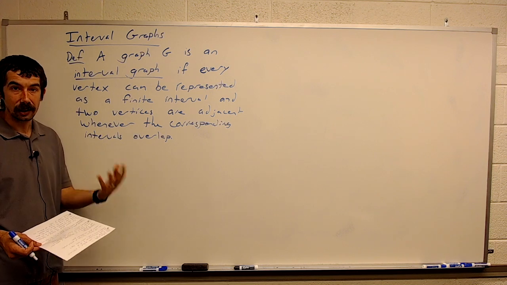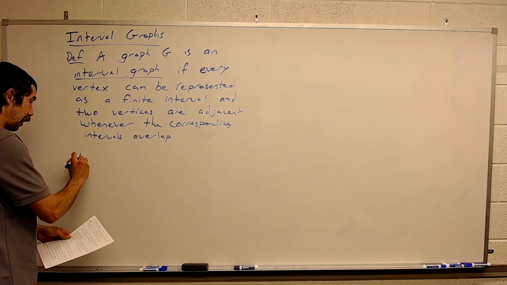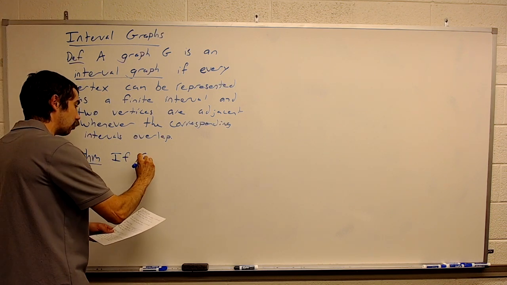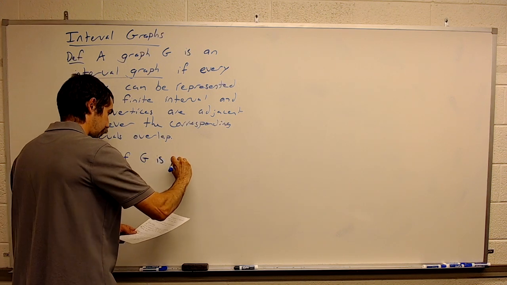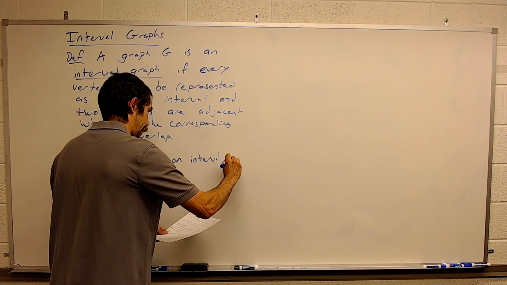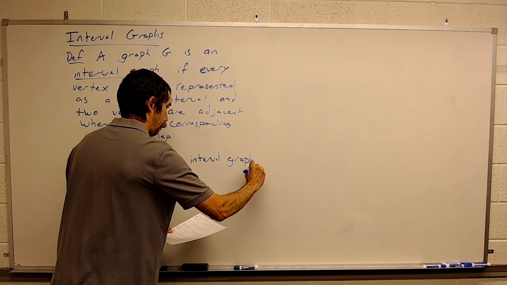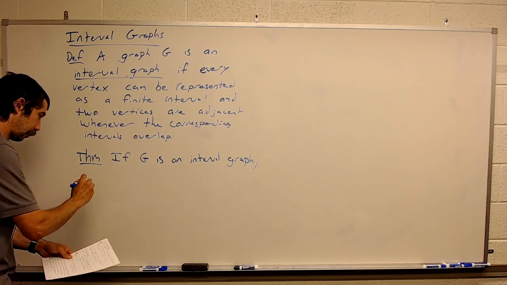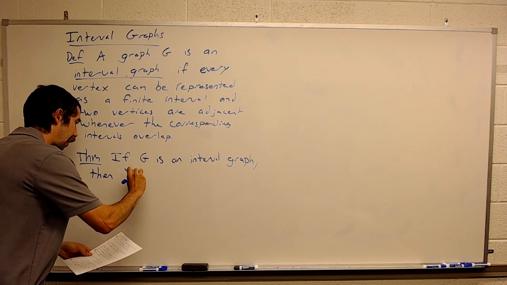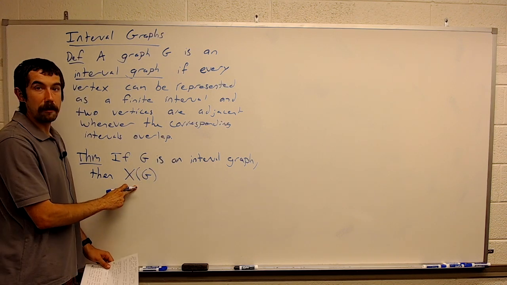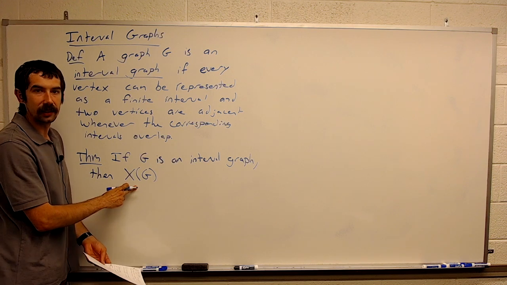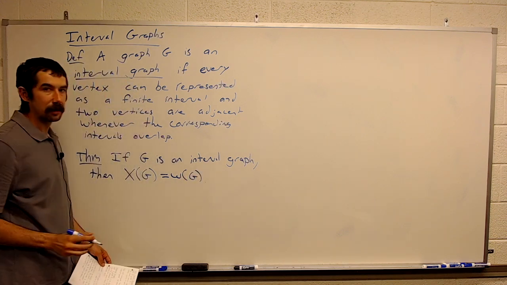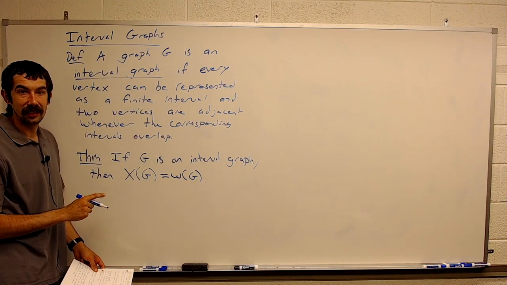All right, before we get to actually seeing some examples, what's nice about interval graphs, so the theorem says if G is an interval graph, so if it comes from one of these scheduling problems that I just described, then the chromatic number of G, so the minimum number of colors necessary to color the graph, is equal to omega of G, the clique size.